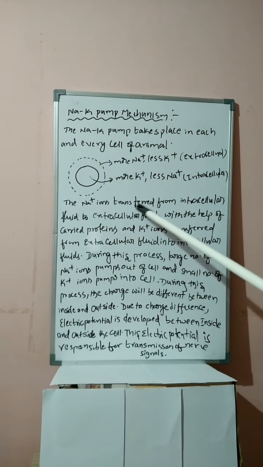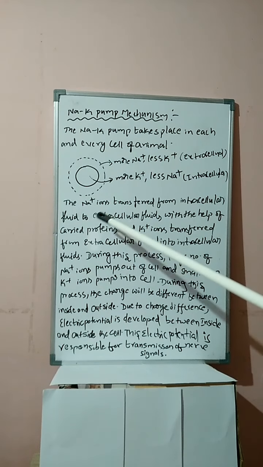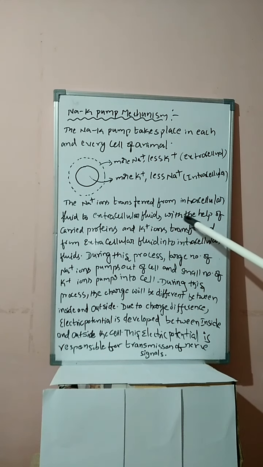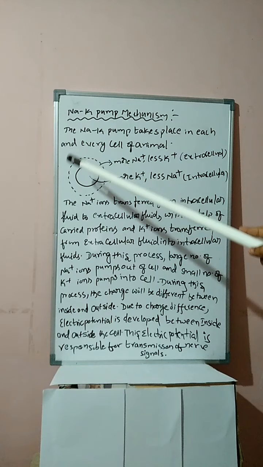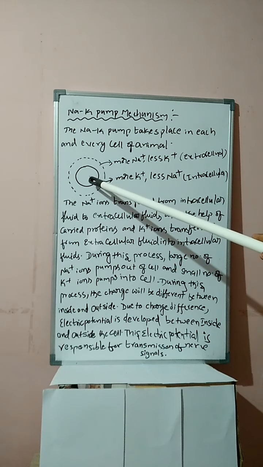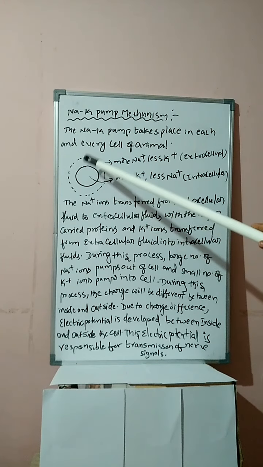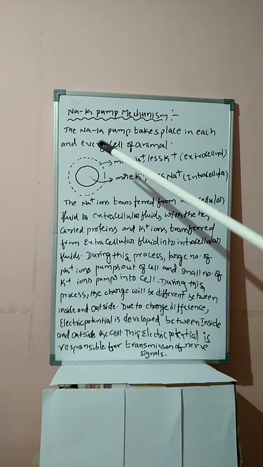The Na+ ion is transferred from intracellular fluids to extracellular fluids with the help of carrier proteins, students. The extracellular fluids contain mainly Na+ ions. If some concentration of Na+ is present elsewhere, that is also transferred to the extracellular fluids.